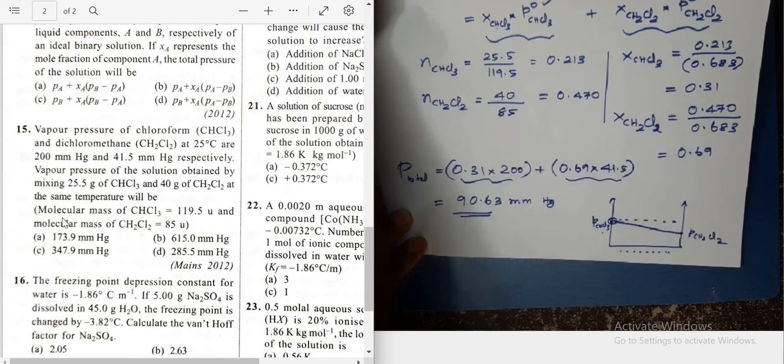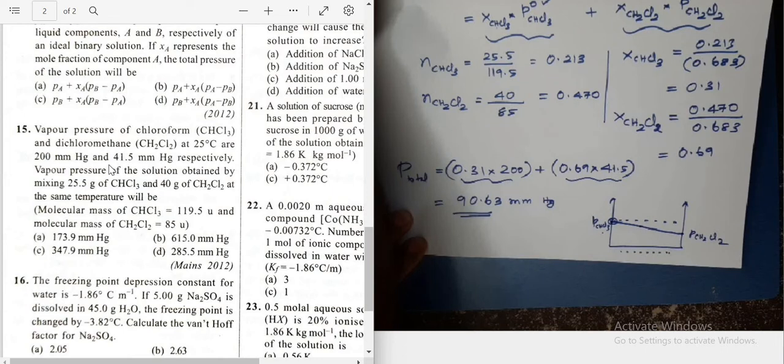Students, are you able to follow? Just see the options given. Except the first one, 173.9, all other options are above 200. It is not possible because the pure vapor pressures of the components are 200 and 41.5, so the value should not exceed 200.